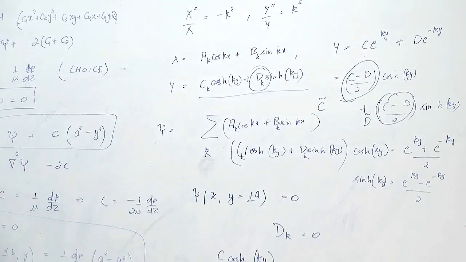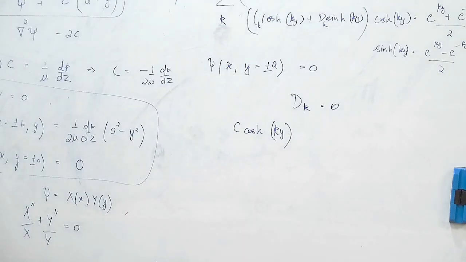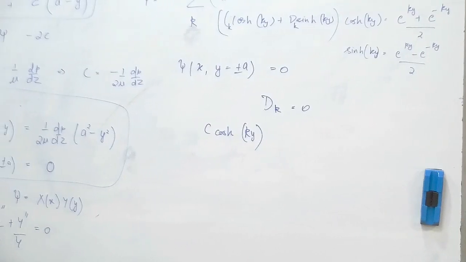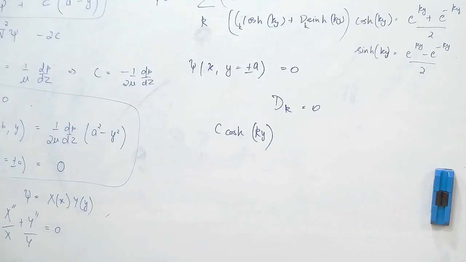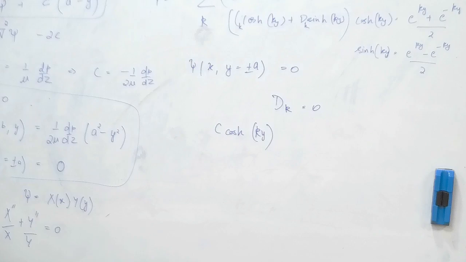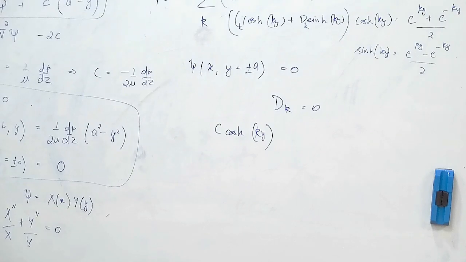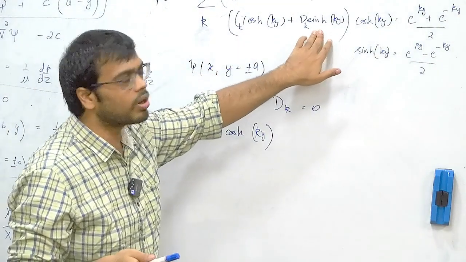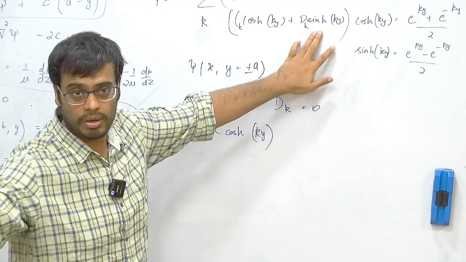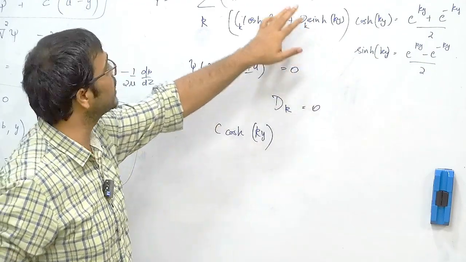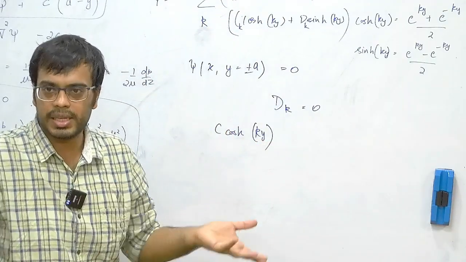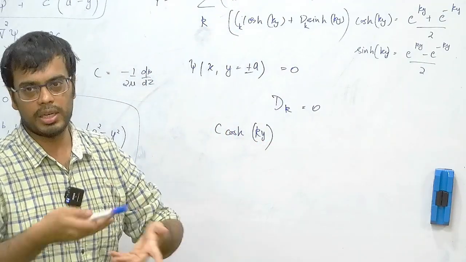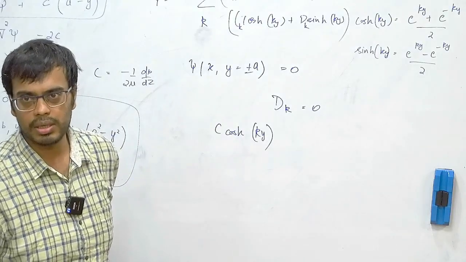Okay. Sir, if we put that in the psi expression, then sigma dk is 0, isn't it? Yes, you are right. So, you get a sigma dk equals 0, but the idea is that technically you cannot solve for all dks. You have a single equation for all dks, but the idea is each solution which you are making up, if you make that satisfy the boundary condition, then the linear combination will satisfy the boundary condition. Okay.